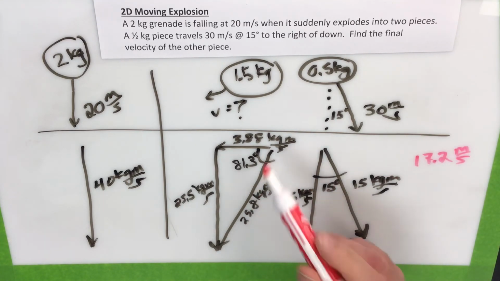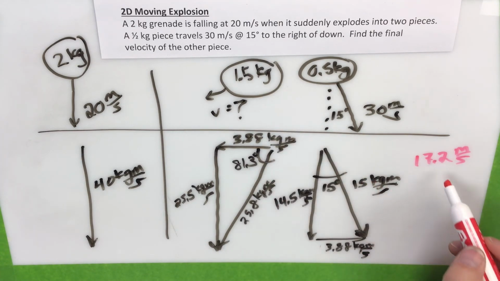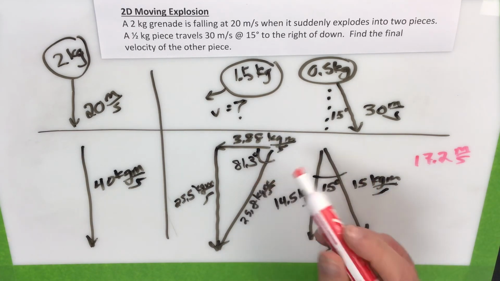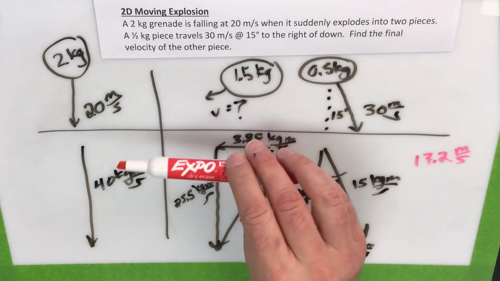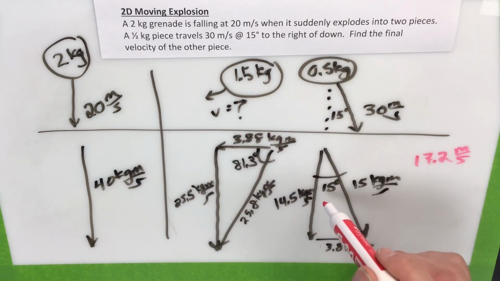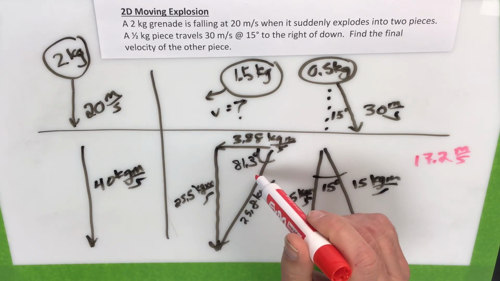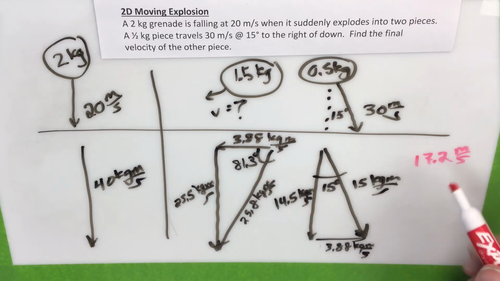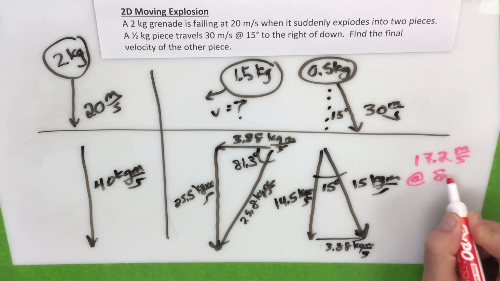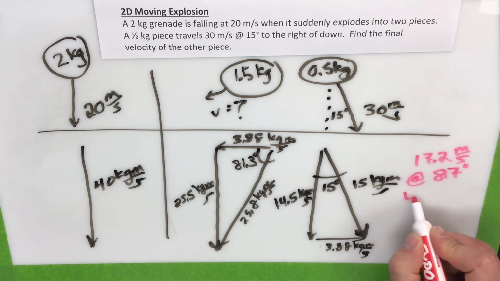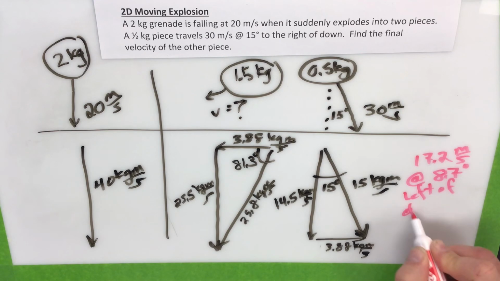So 17.2 meters per second at 81.3 degrees. This is 0, 90, 180, 81.3. We're using the same standard as before. This angle over here, 90 minus 81.3 is 8.7 degrees, at 8.7 degrees left of down.